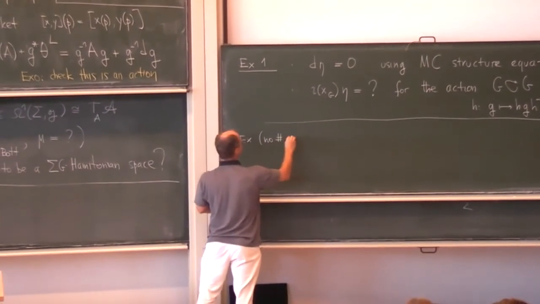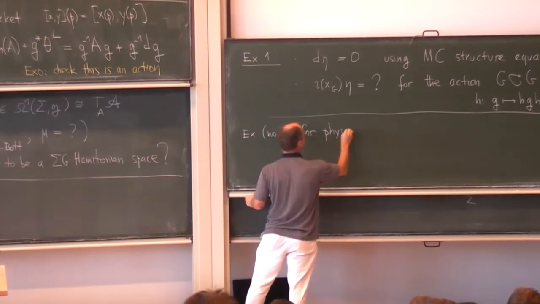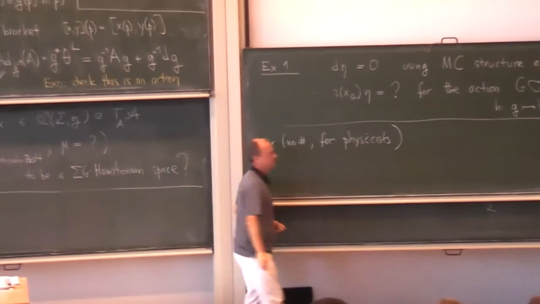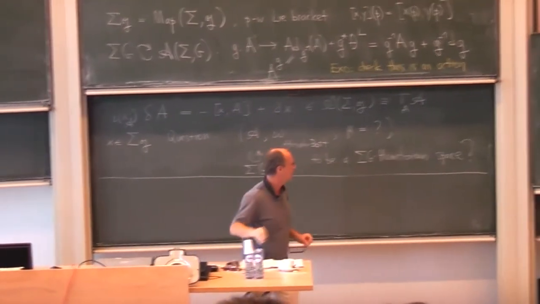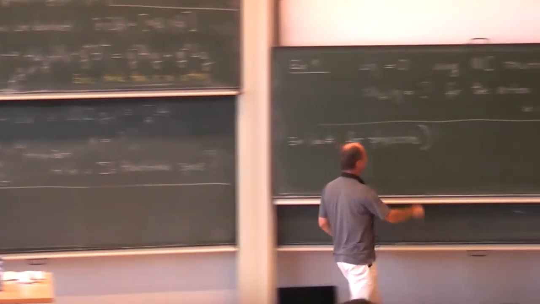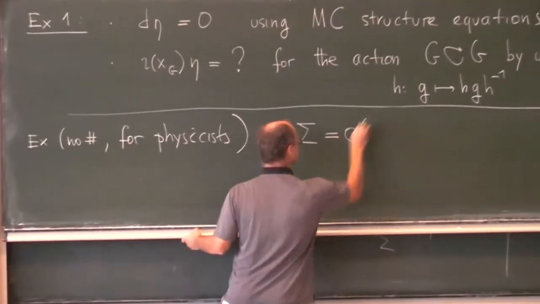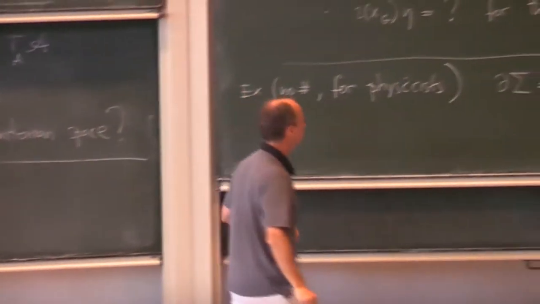So for people with physics background, let's assume here that sigma has no boundary, so it's a compact surface, no boundary.